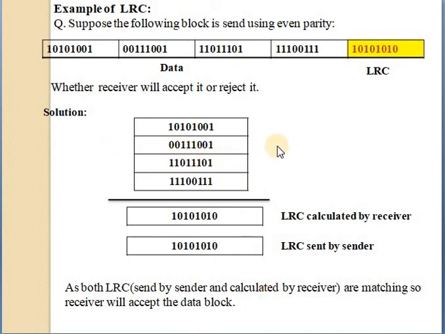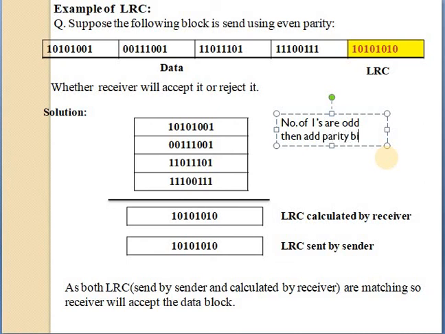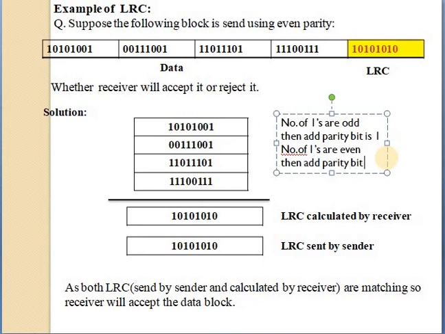For calculation of the parity bit, remember one thing: suppose the number of ones is odd, then the parity bit is 1, and suppose the number of ones is even, then the parity bit is 0.